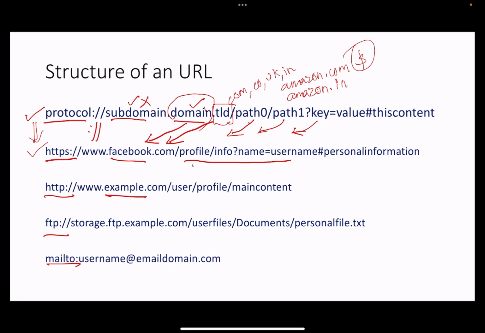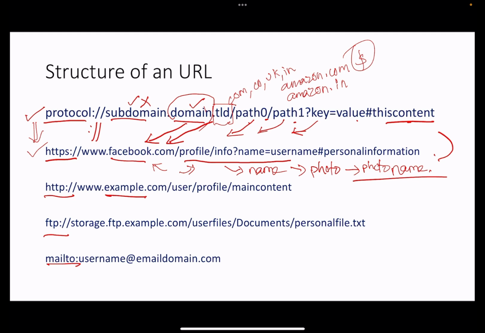So in facebook.com we need to check this person's profile, and also the information of the profile, like name, and in this profile go to the photo, and the photo number, photo name or identity, whatever it is. So it will be expanded a little bit, more detailed or descriptive. That's why path 0, path 1, and in this path, key value and this content.